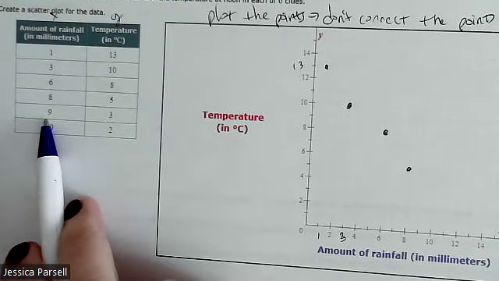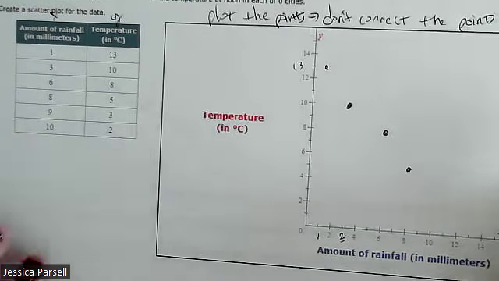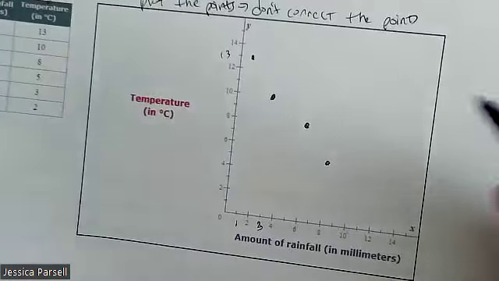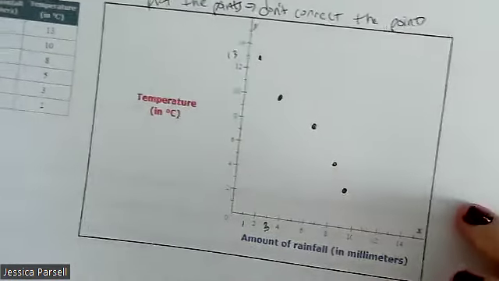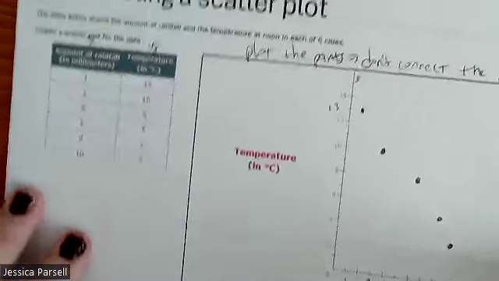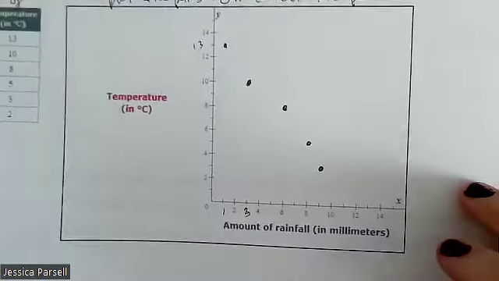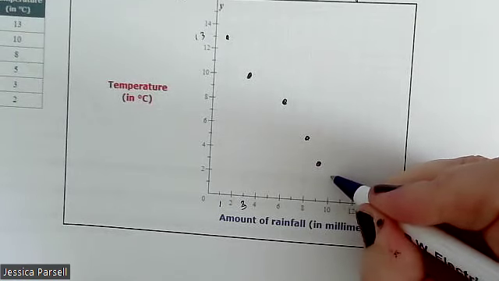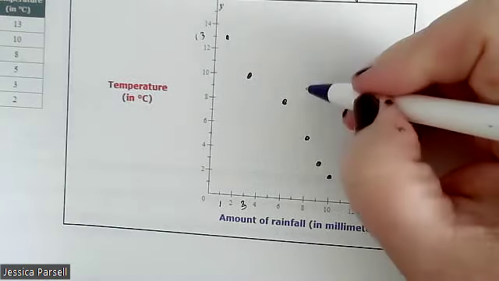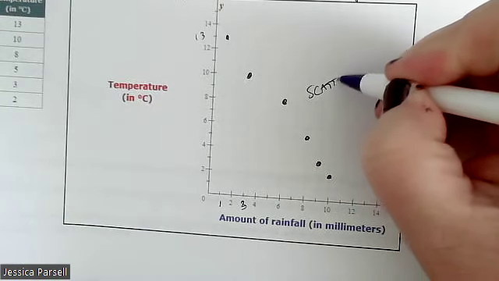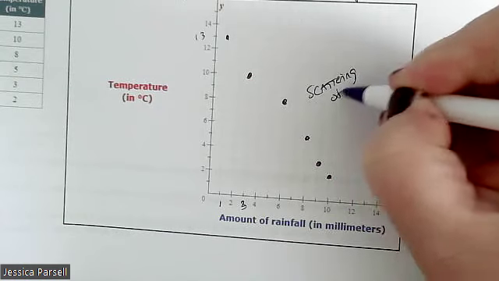At 9 millimeters of rainfall, the temperature is 3 degrees. And at 10 millimeters of rainfall, the temperature is down to 2 degrees. So we have built a scatter plot. Just don't connect those. This is just a scattering of data points.